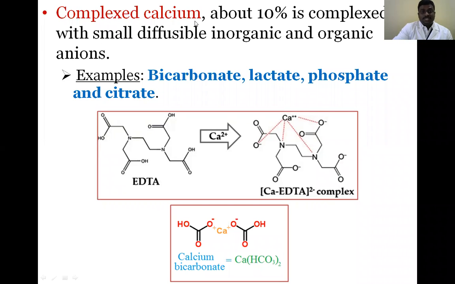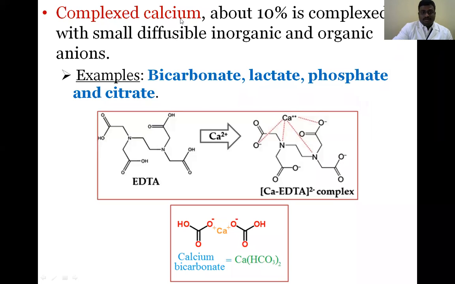Next one is complexed calcium. Some 10% of the calcium binds with some inorganic and organic anions. Examples are bicarbonate, lactate, phosphate, and citrate.